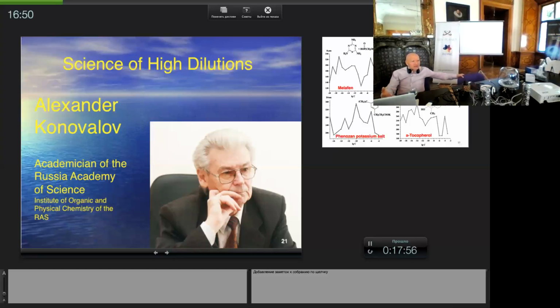You understand what this means, high dilution? It means we take water, we put some substance in the water, then we need to have succussion. Of course, now they don't do it by hand, they have special machines, but they need succussion for about half an hour. It's obligatory. Then they put this bottle on the table, and it should stay for a night or 12 hours.